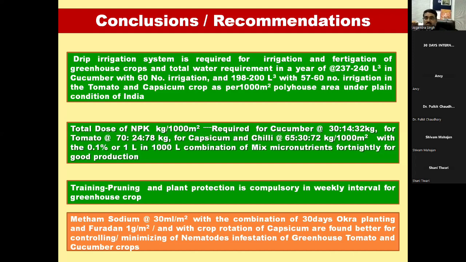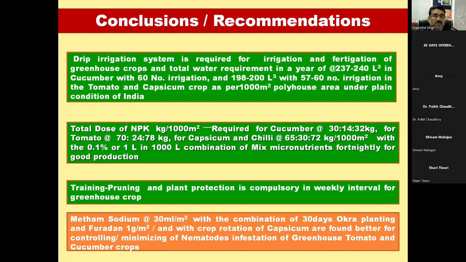For cucumber, 60 irrigations are required, and 198 to 200 cubic liters of water are required for cucumber, with 57 to 60 irrigations in the tomato and capsicum crop, per 1000 square meter polyhouse area under plain conditions in India.